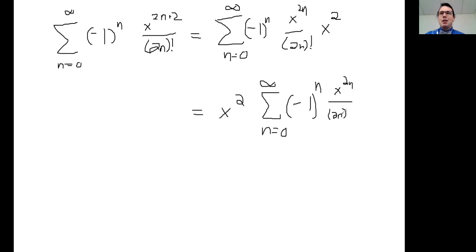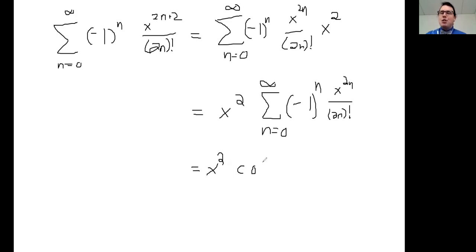So my sigma notation has sort of obscured what I'm doing here, but each of these fractions, no matter what n is, has an x squared that I can factor out, and I will do that. Now I have to be careful that the series that I've got left over still converges. But now the sigma notation is exactly the Maclaurin series formula for the cosine function.